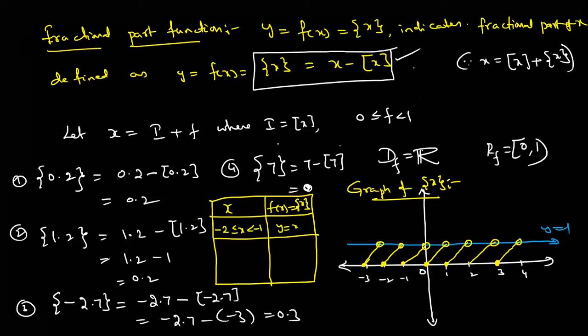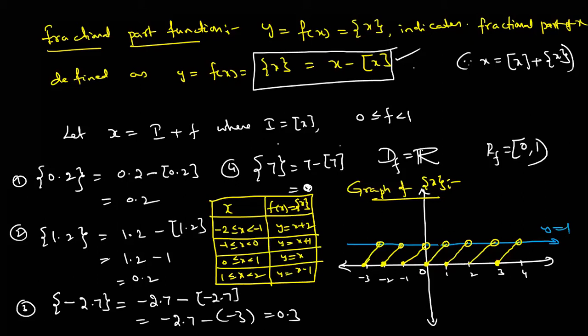Anyone? y is equal to x plus 2. Minus 1 less than or equal to x less than 0, what is the graph? x plus 1. 0 less than or equal to x less than 1 means y is equal to x. 1 less than or equal to x less than 2 means y is equal to x minus 1.